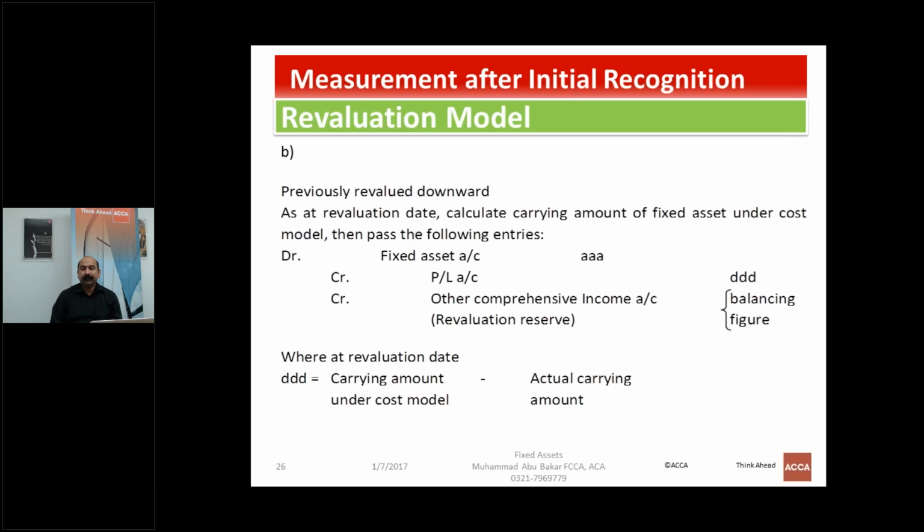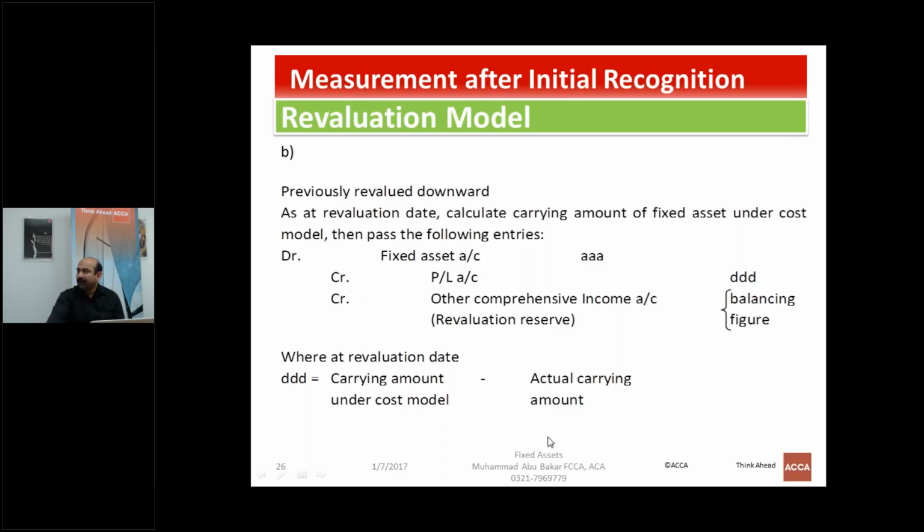You will be calculating the amount which needs to be credited to the profit and loss account, and that amount is this DDD. This will be calculated as carrying amount under cost model minus actual carrying amount. Actual carrying amount means the carrying amount at the date of revaluation.